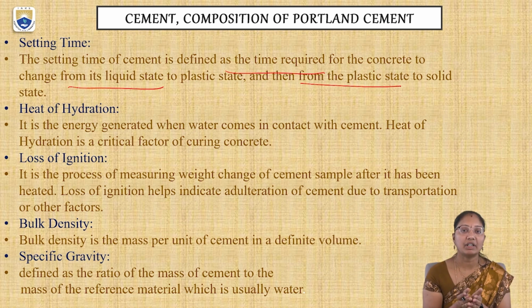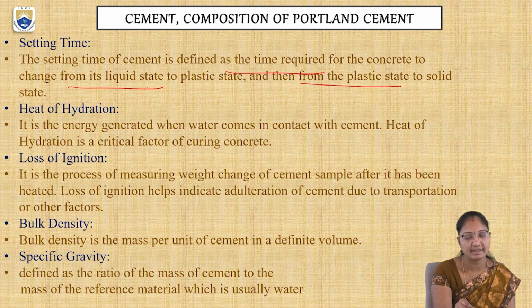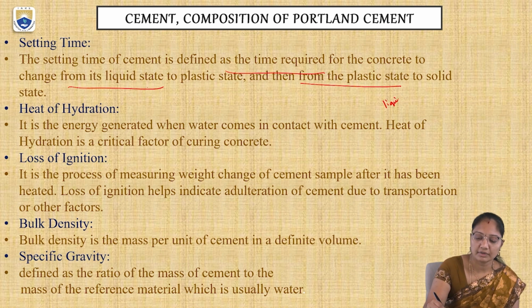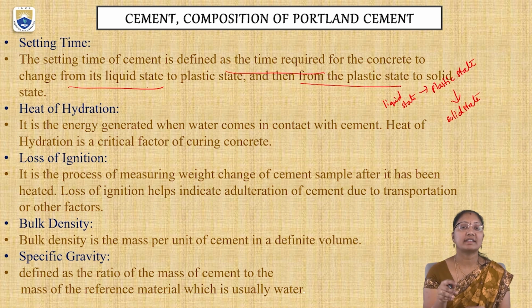Generally, when it is mixed with water, the cement has a plasticity nature, which means binding happens in the cement, and it moves from the liquid state first to a plastic state, then from this plastic state to the solid state. This is called the setting time. After the setting time, in the solid state, this is hardening. That is called the cement hardening.